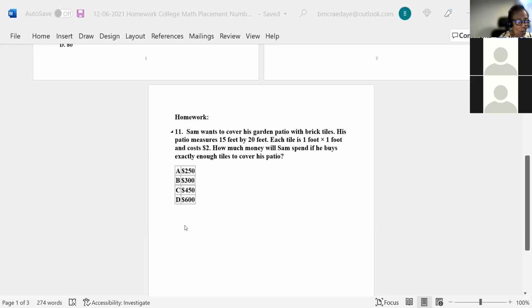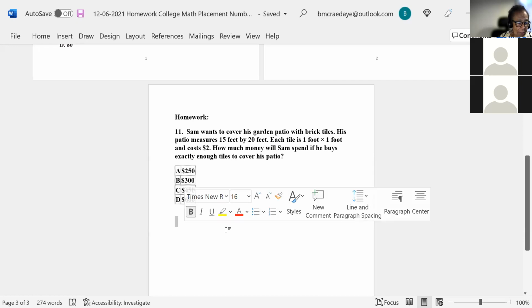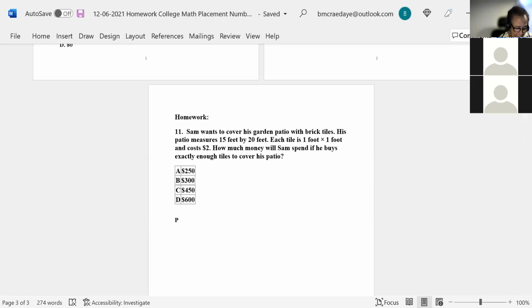Now the patio is a rectangle, all right? So let me just write this down. Patio is a rectangle. And how do we know that, Maureen? Because it's 15 feet by 20 feet. That's right. If it were a square, the length and the width would be the same.